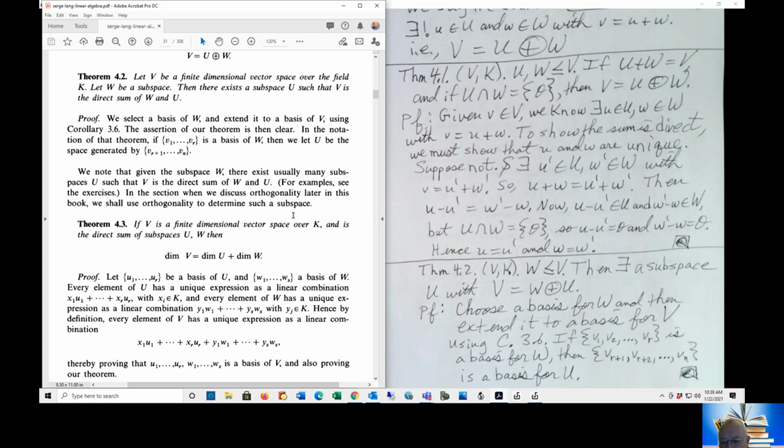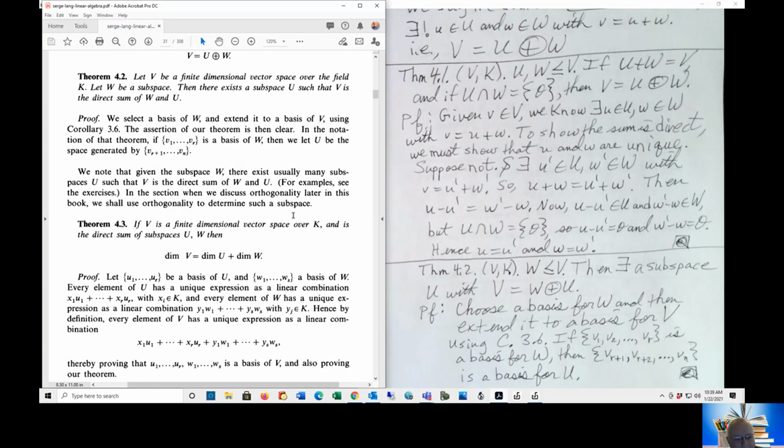If we have v1 through vr as a basis for W, and then we add in vectors vr plus 1 to vn to be a basis for V, then the extension vectors vr plus 1 to vn form a basis for U.